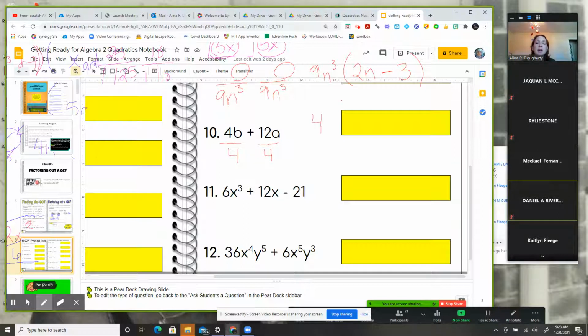So the 4 goes to the outside, and 4b divided by 4 is b, and 12a divided by 4 is 3a.